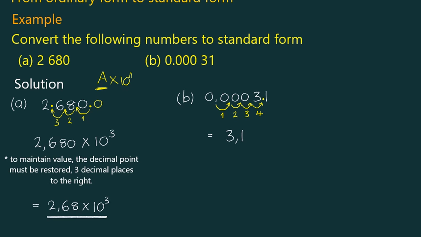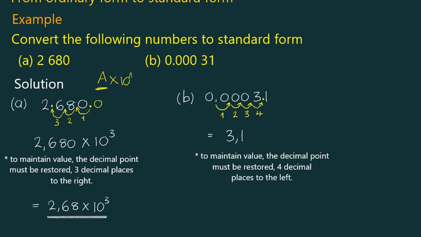So what I now have is 3.1. With 3.1, the decimal point is now where it wasn't before, so I have to restore it back where it was. To maintain the value, the decimal point must be restored 4 decimal places to the left. I do that by multiplying 3.1 by 10 to the power of negative 4.